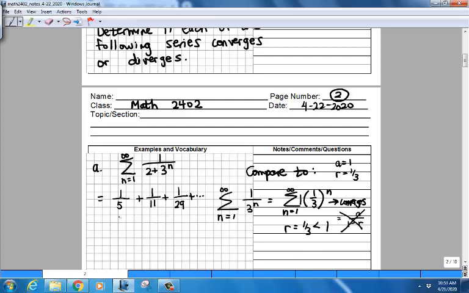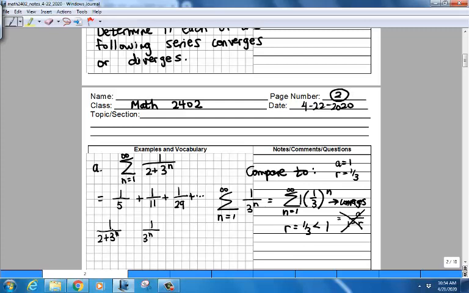What I need to know is, is it true that 1 over 2 plus 3 to the nth power is always going to be less than or greater than 1/3 to the nth power? If I can figure out the relationship between the terms of this series and the terms of this series, then my knowledge of this geometric series can help me understand what happens in this series.